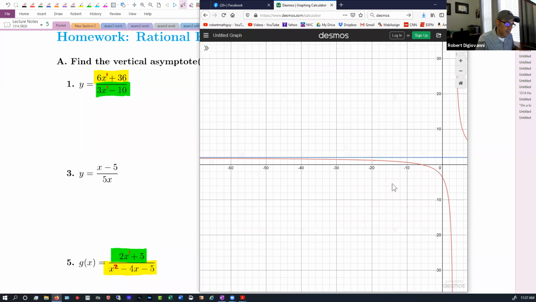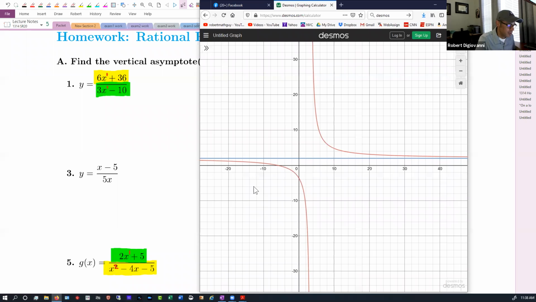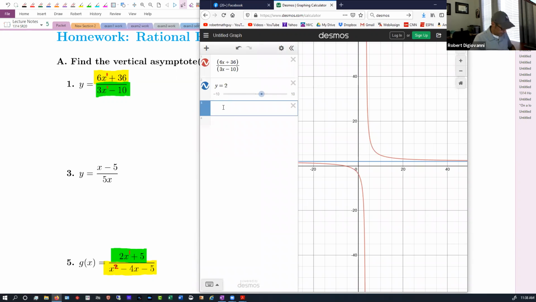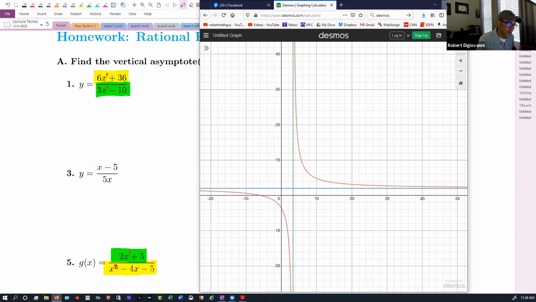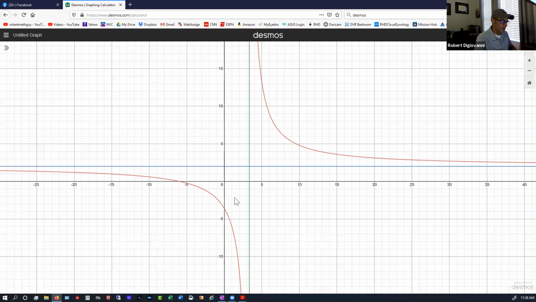Now, there's another thing happening in this function that is somewhat interesting, and I'm going to have to draw a different line. Let me see. X equals. See that green line? That green line is a vertical line, and there's something interesting happening there also.